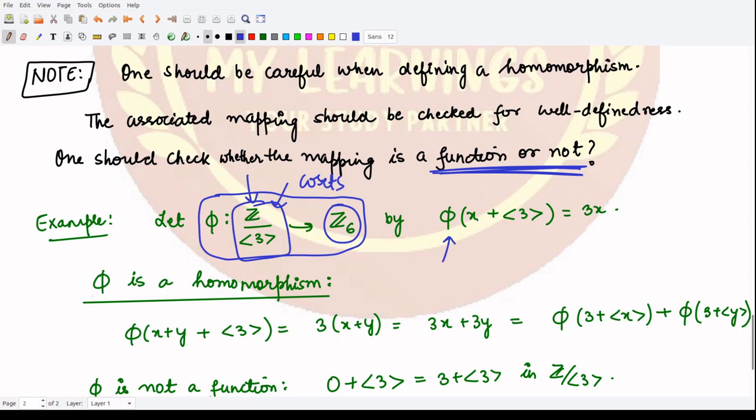So it would be written as some x taken from the integers plus the subgroup generated by 3. You apply phi onto this element and you get 3x. This is how we define it.